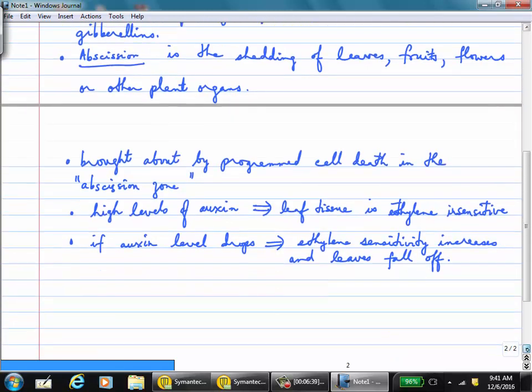Now, as I mentioned yesterday, you have programmed cell death at the cellular level, you have senescence at the organ level, you have senescence at the plant level. But at the molecular cell level, all these things involve the same kind of mechanisms.